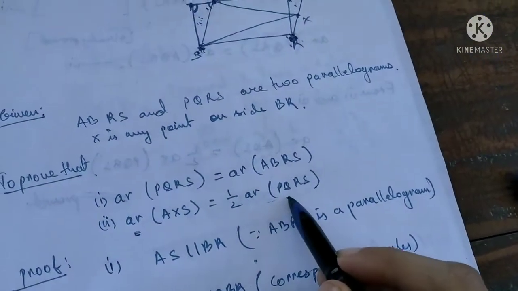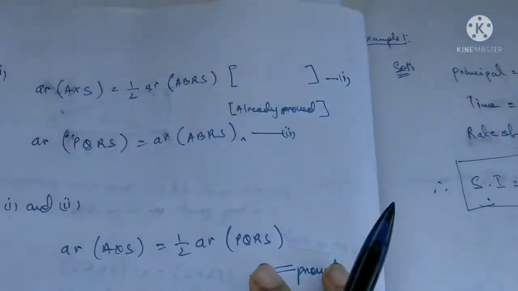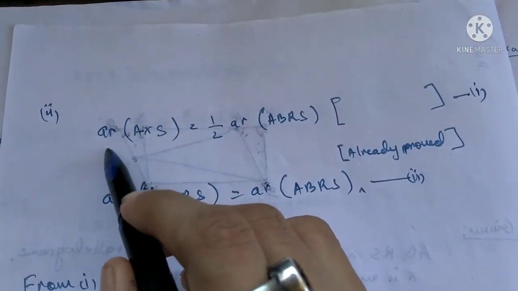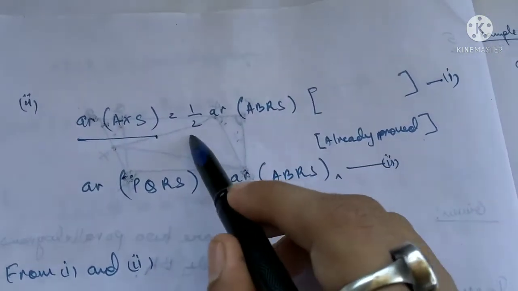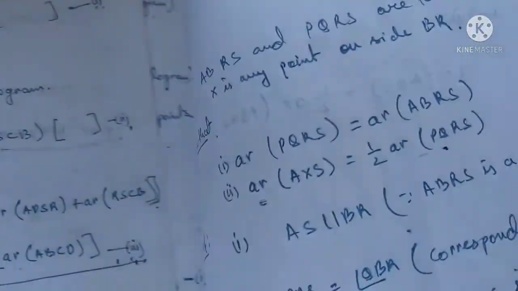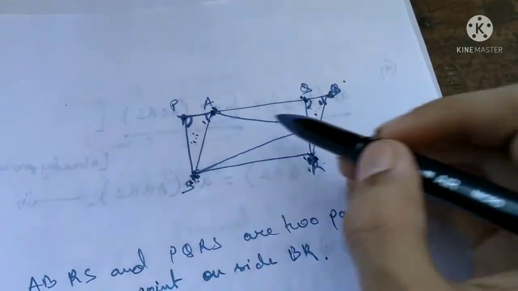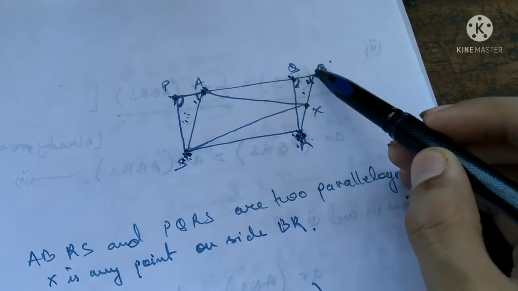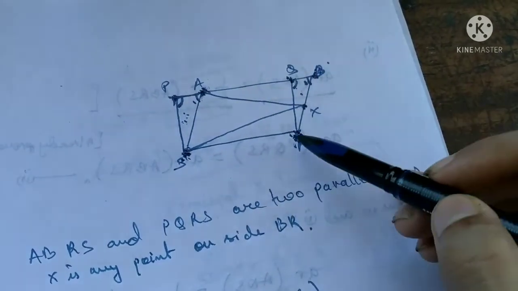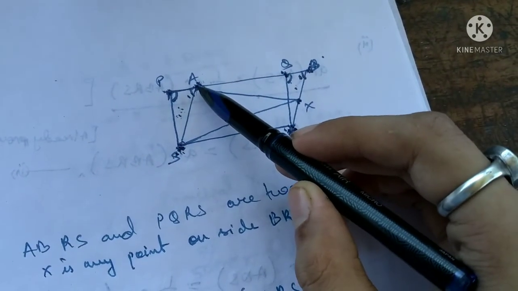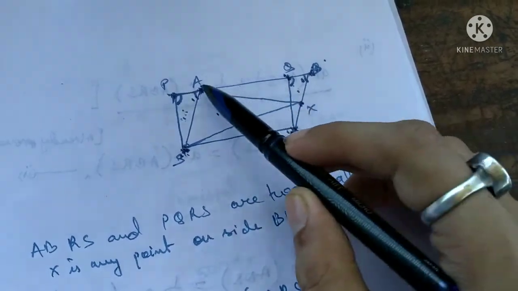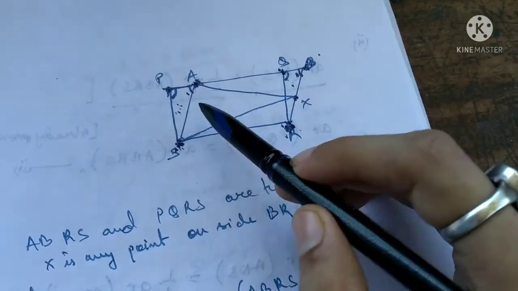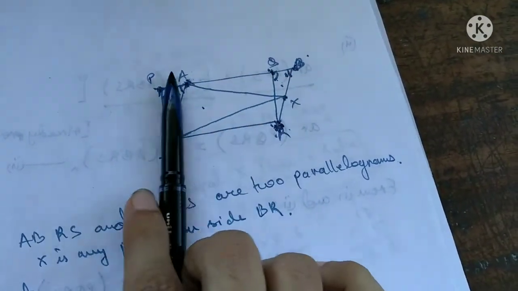Now the next one I will prove. Okay, now I will write the next one. Here, I can say that area of AXS is equal to half the area of ABRS. This parallelogram ABRS and this triangle AXS share the same base and lie between the same parallels.